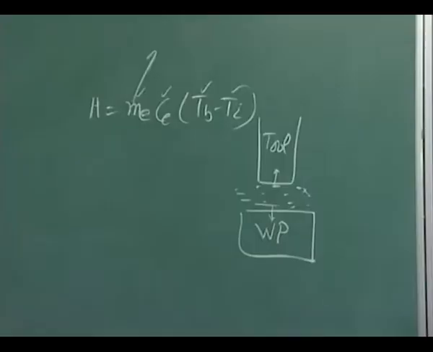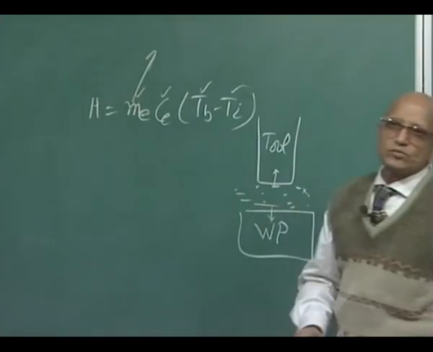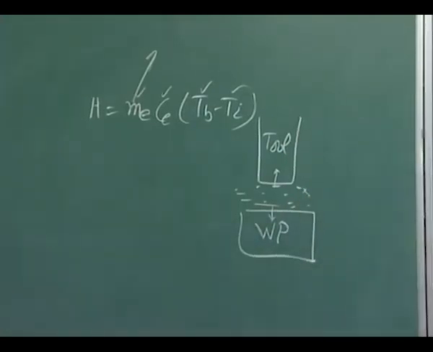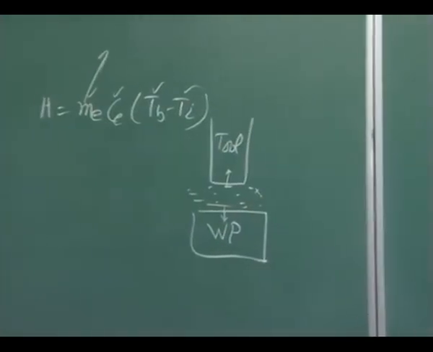Now, this mass m_E can be written in terms of the volumetric flow rate or volume of the electrolyte flowing in the given period of time, and rho_E is the density of the electrolyte. So, we have this modified equation.